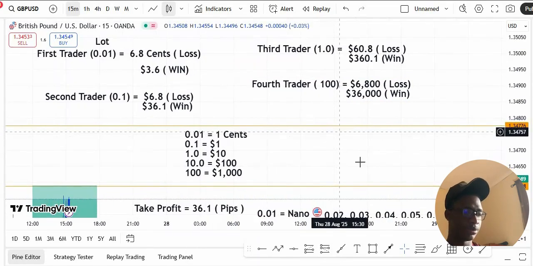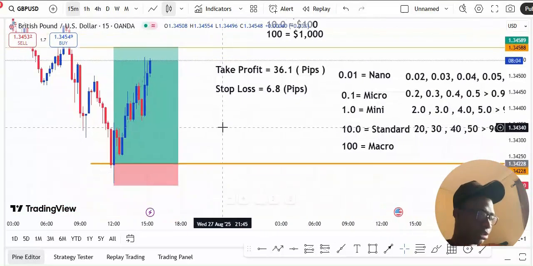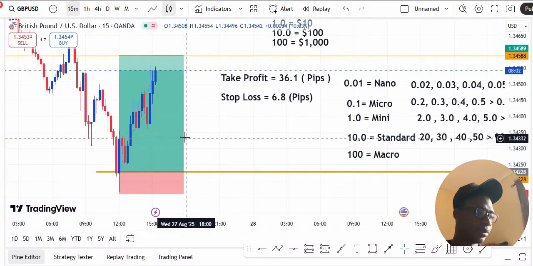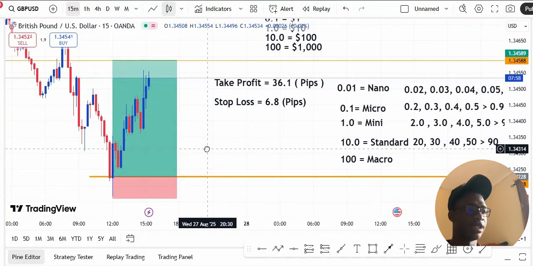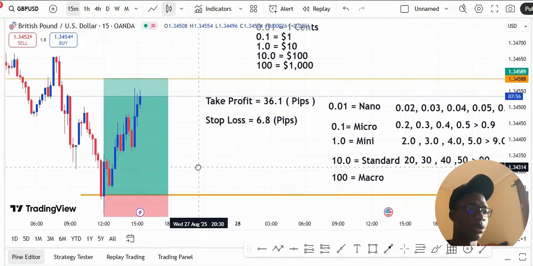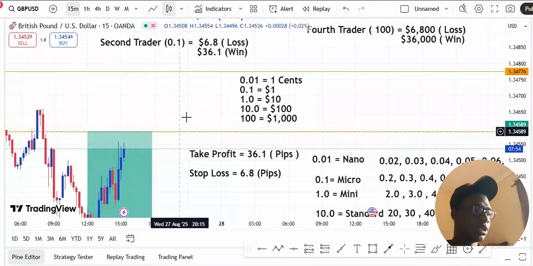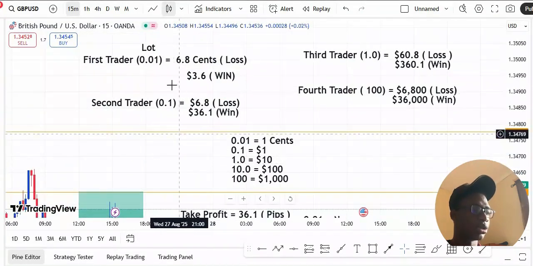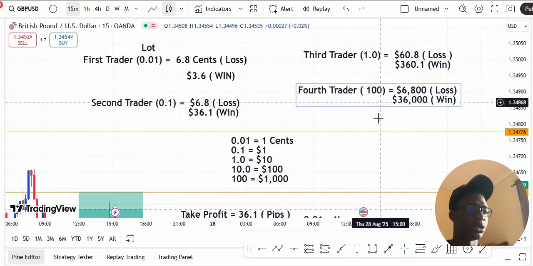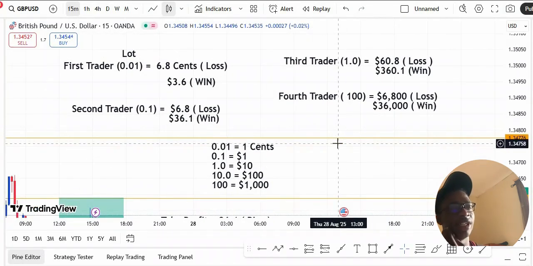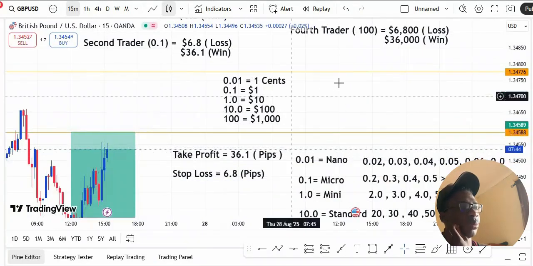So these four traders go into the market with the same analysis and entry, the same stop loss, and the same take profit, but the only thing they don't have in common is their lot size, which is 0.1, 0.1, 1.0, and 100. So who has the bigger bag if the market goes into take profit?